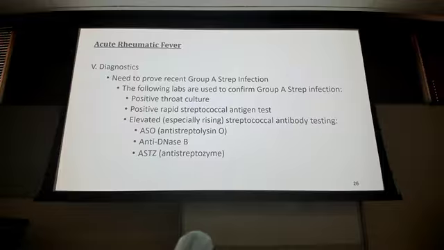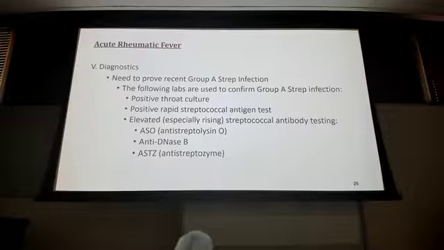Look at the titers and those types of things. And there are specific ones like the anti-streptolysin O, the anti-DNase B, and the anti-streptozyme tests in particular that you can use that will look for evidence of a recent strep infection, okay?